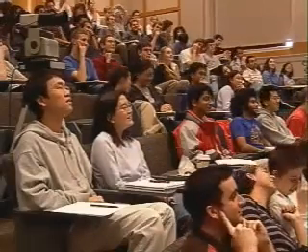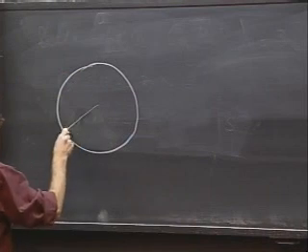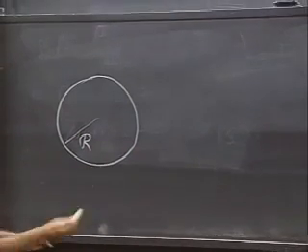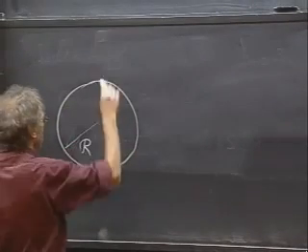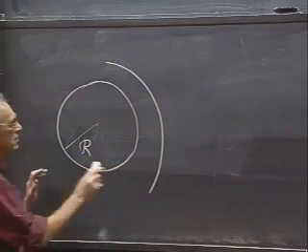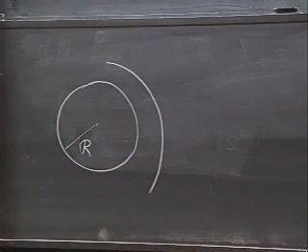Here is the balloon. And the balloon has a radius r, which they do not know, but you and I do. And this is today. Tomorrow, the balloon is there. Or next month. Or next year.